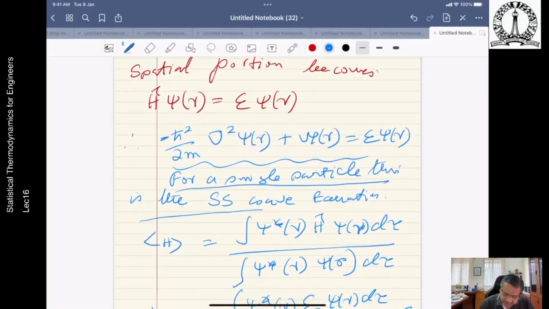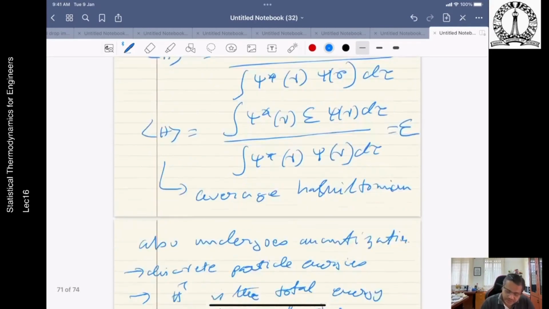For the single particle, this was the steady state wave function.